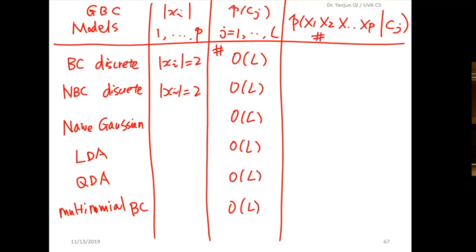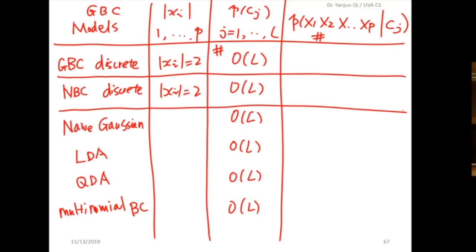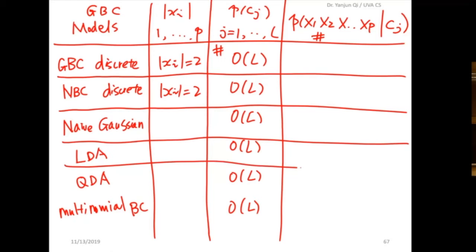And we actually reviewed in the discrete generative Bayes classifier case, there's no assumption I'm making. I need to do an enumeration of all the possible tabular counts, right? So how many parameters do I need to estimate in the discrete full joint case?